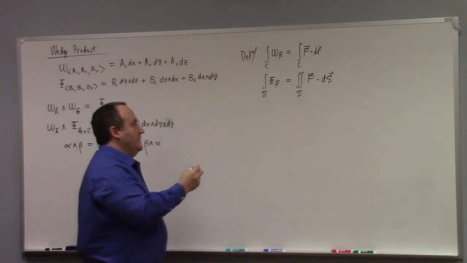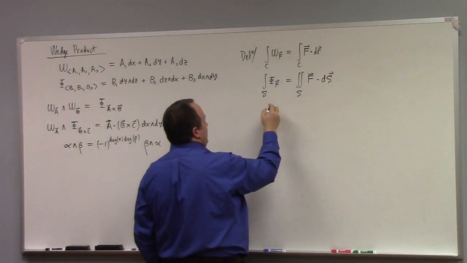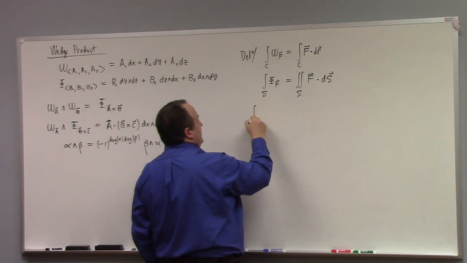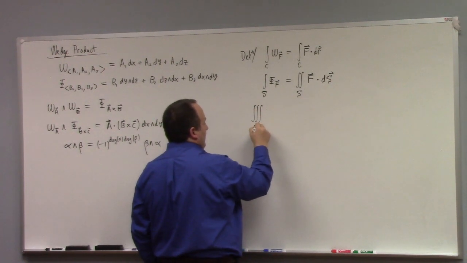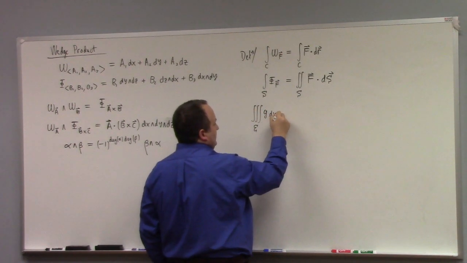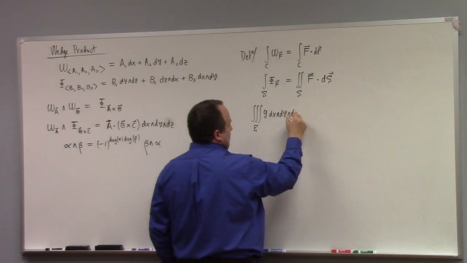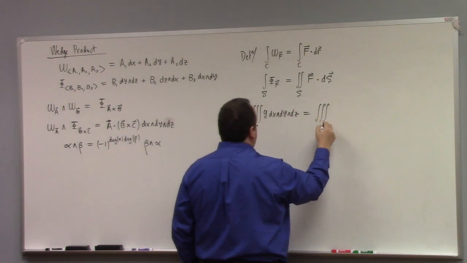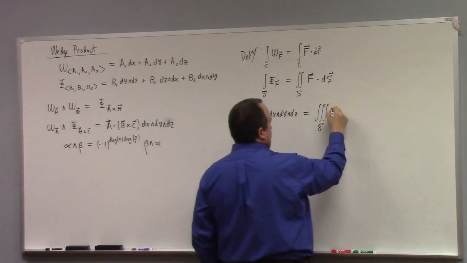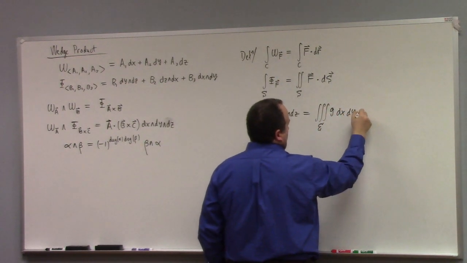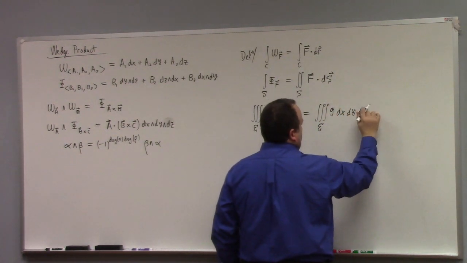The integral, and this is probably where it's most obvious what I mean by drop the wedges, the integral over a volume of g dx wedge dy wedge dz is literally just the integral over the volume.